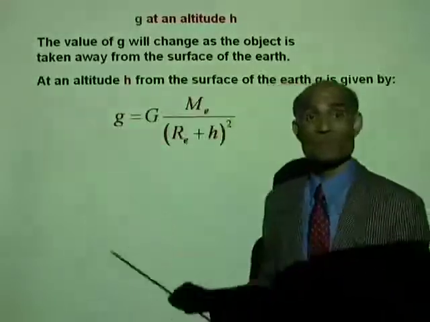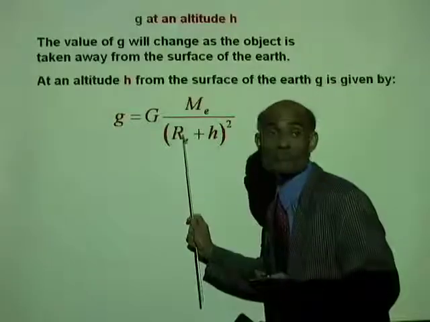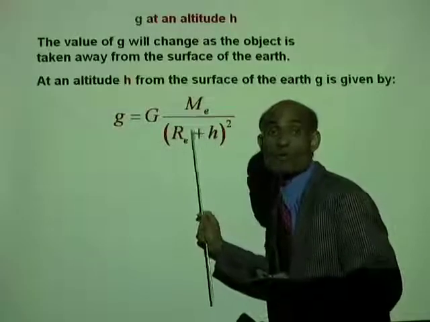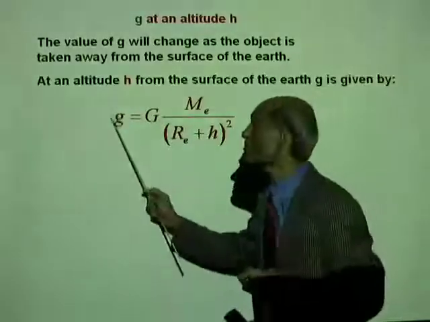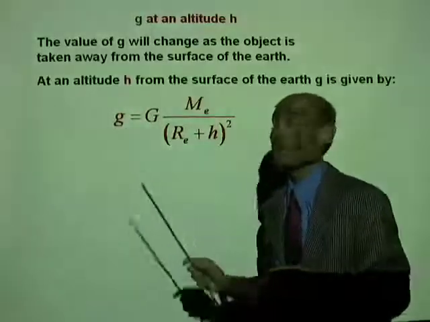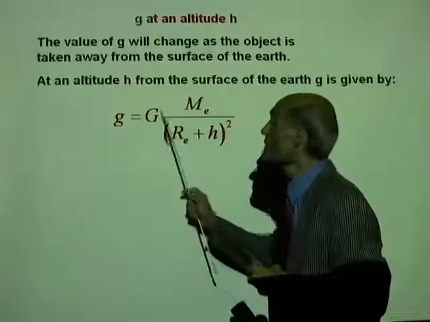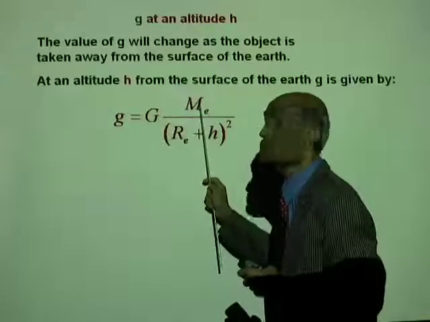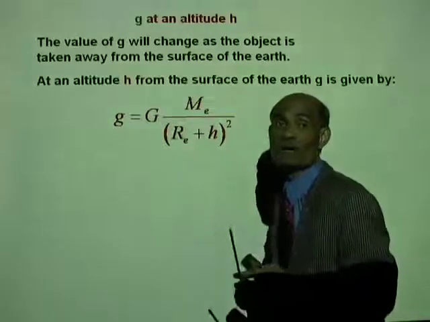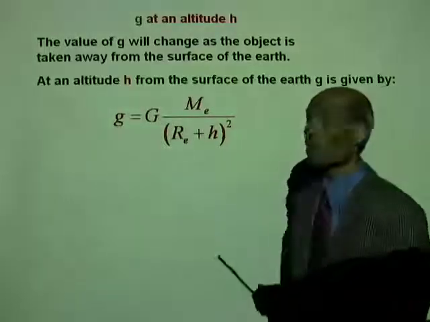Is that right? So we will replace the radius of the Earth now with the radius plus the altitude. So the value of g at an altitude h will be the universal gravitational constant times mass of the Earth divided by (R_E plus h) all squared.